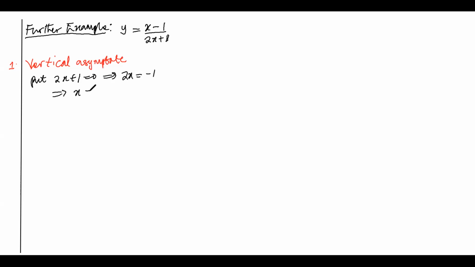Then you get x is equal to -half. Then you conclude and say our vertical asymptote is x is equal to that. You don't have to show that you can go from here to here. That's allowed. Does everybody get that? So the vertical asymptote is x equals -half.